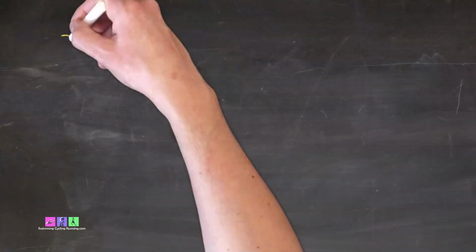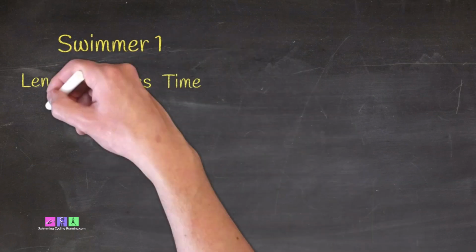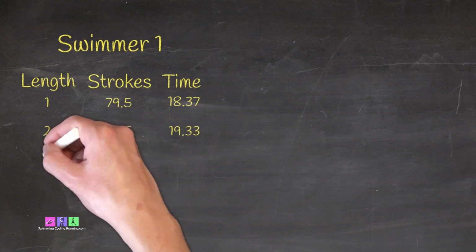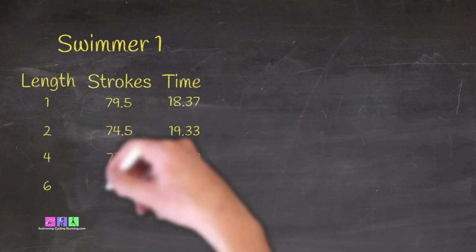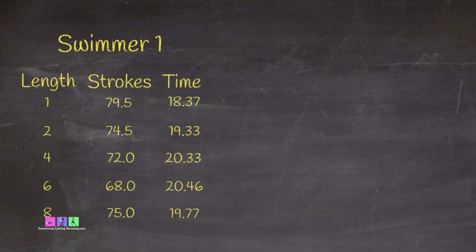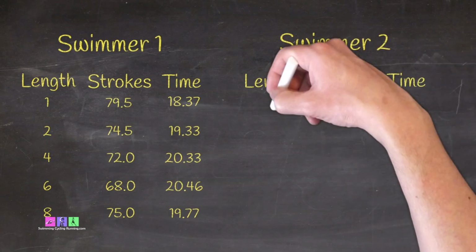So looking again at the figures, remember for swimmer 1 and 2, looking at length, stroke rate and time. And every time the stroke rate went down, the time went up. And when in the final length the stroke rate went up, the time went down. And exactly the same thing happened with swimmer 2. We're looking at length, stroke rate and time.